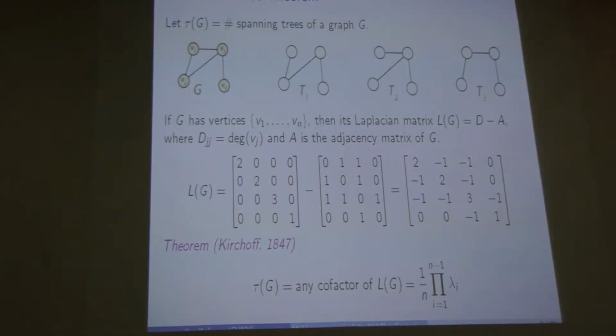If you have n vertices, then you construct the n by n Laplacian matrix, which is the diagonal matrix minus the adjacency matrix. On the diagonal, you put the degrees of the vertices, subtract off the adjacency matrix, and this is the Laplacian. And the matrix tree theorem is that the number of spanning trees is any cofactor of the Laplacian, which is 1 over n times the product of the non-zero eigenvalues. Okay, essentially a complete answer.